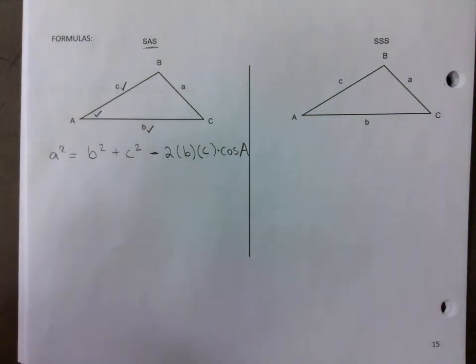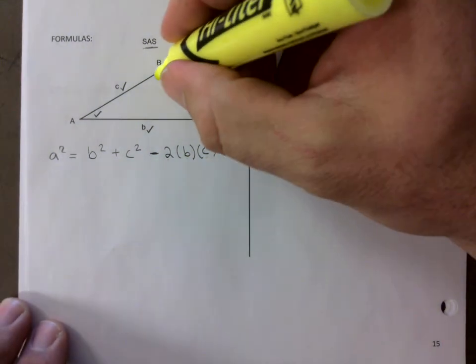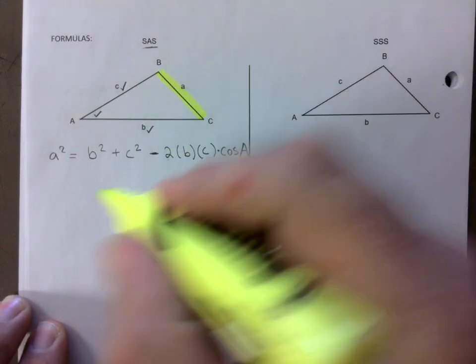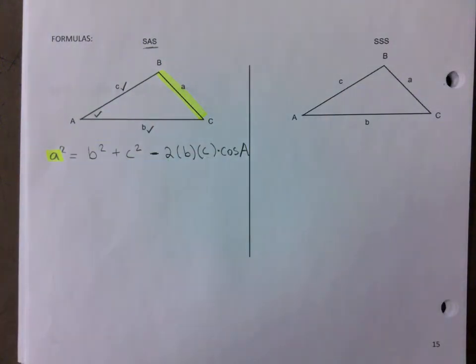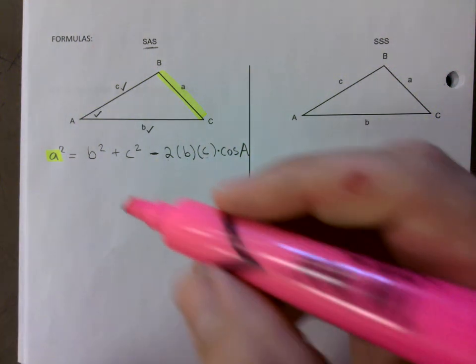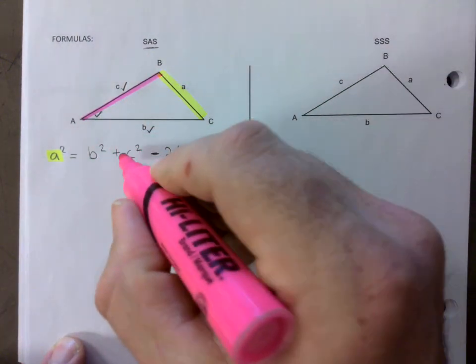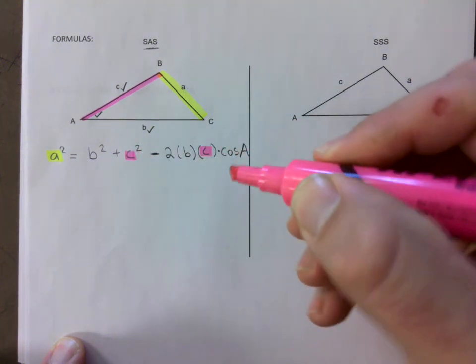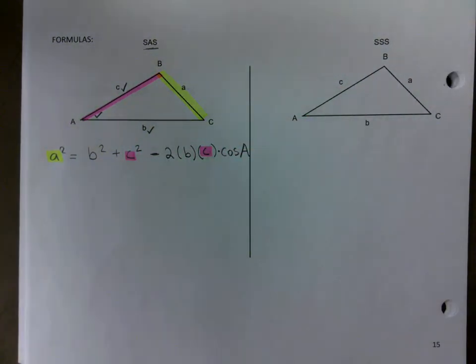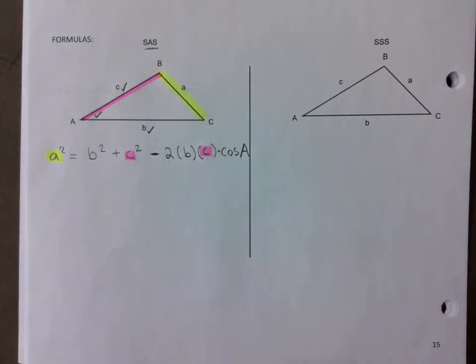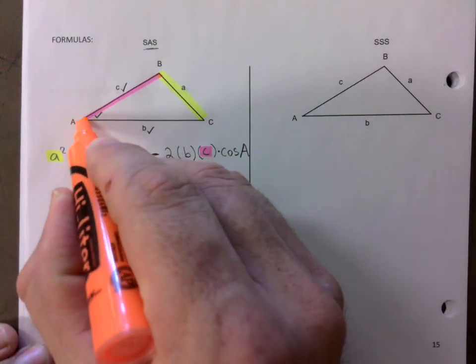And this is where the highlighter comes in. So if you want to know this side, you're going to grab, and the order doesn't matter for these ones, you have C there, and you've got B here.